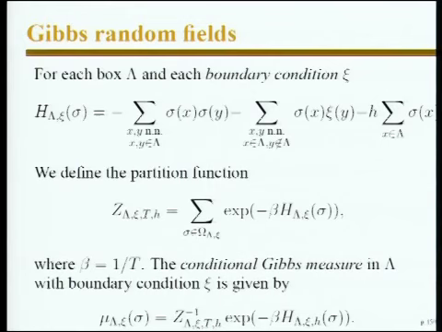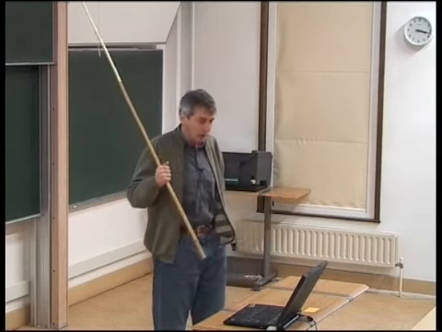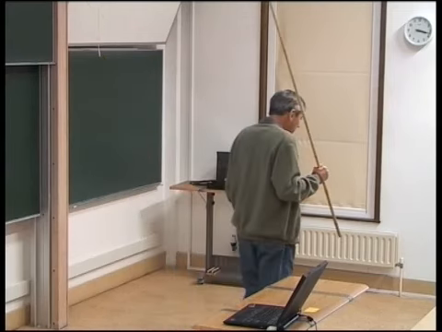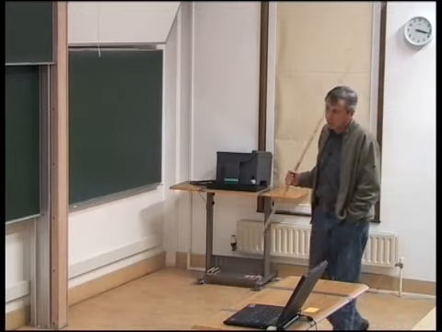And then we define a conditional distribution. Let us consider that collection of conditional distributions. So for every box lambda and for every boundary condition outside that box, we have a probability distribution. And then we say that a measure mu is a Gibbs measure corresponding to that Hamiltonian if the conditional distributions of that measure are given by this formula. Okay?